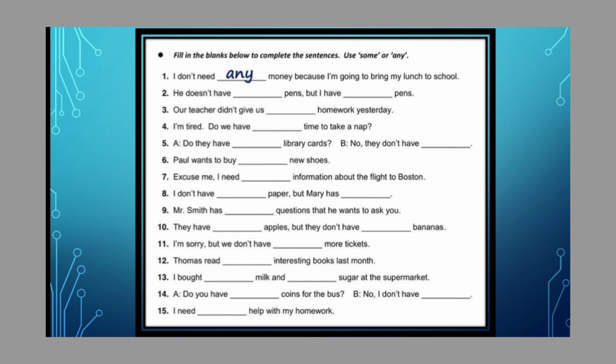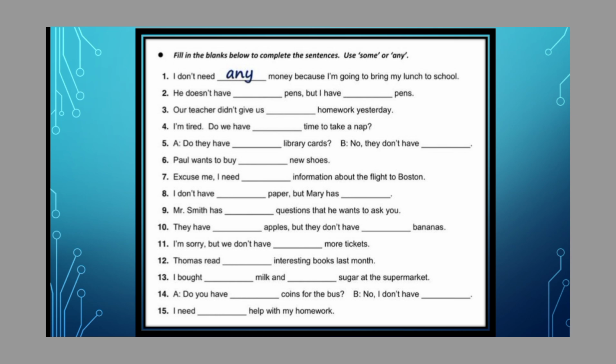Next, Paul wants to buy dash new shoes. Paul wants to buy some new shoes. And the next one, excuse me, I need dash information about the flight to Boston. Excuse me, I need some information about the flight to Boston.